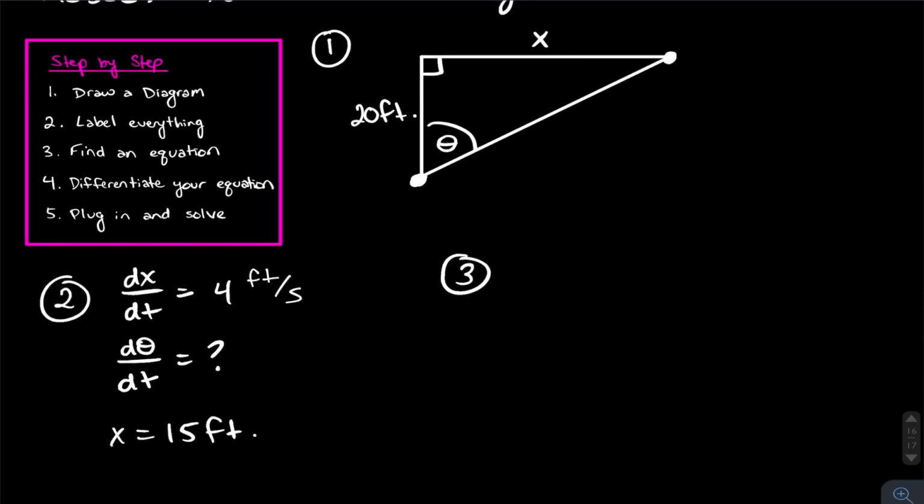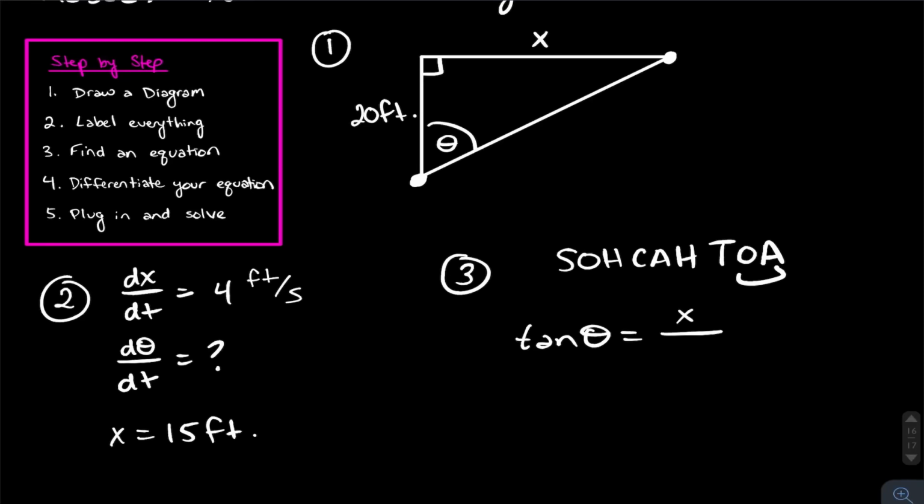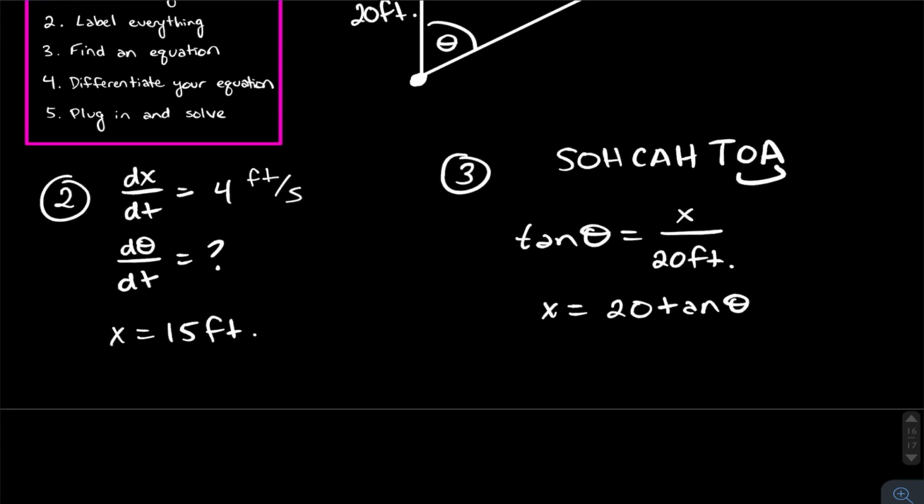If you think of SOHCAHTOA, tangent gives us opposite and adjacent. And so we can write that the tangent of this angle theta is going to be opposite side, x, over the adjacent side, 20 feet. All right. And so if we want to write this in terms of x, x equals 20 tangent theta. I'll just drop the units here to make this a little nicer to look at.